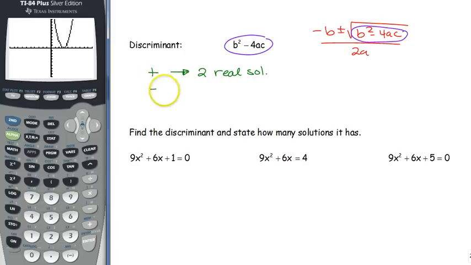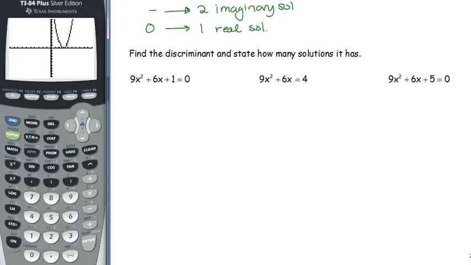When it was a negative, we added, subtracted, but that was an i value, so we had 2 imaginary solutions. And our last problem, the discriminant, the number underneath that square root sign, was a 0. And when the discriminant is a 0, we had 1 real solution. So you can determine how many solutions you're going to have simply by looking at the discriminant and the discriminant only.